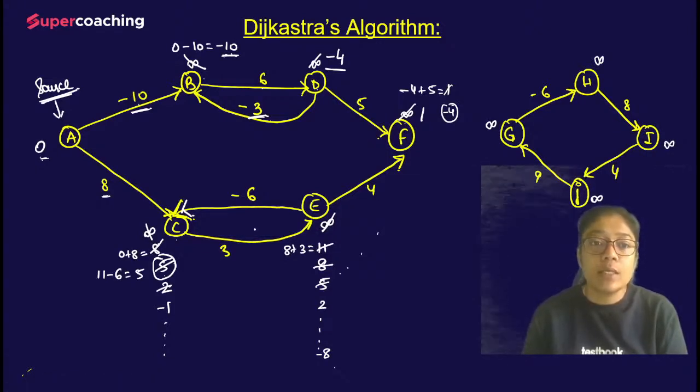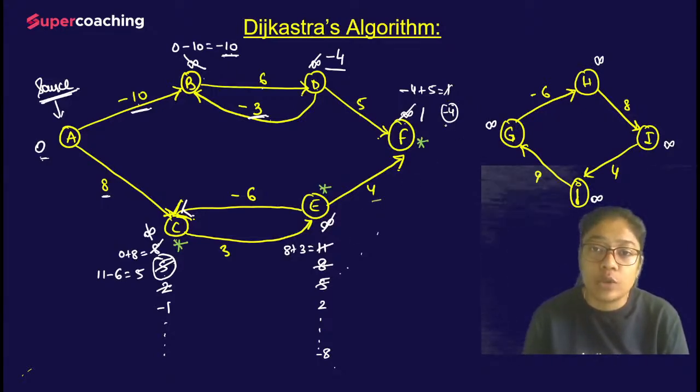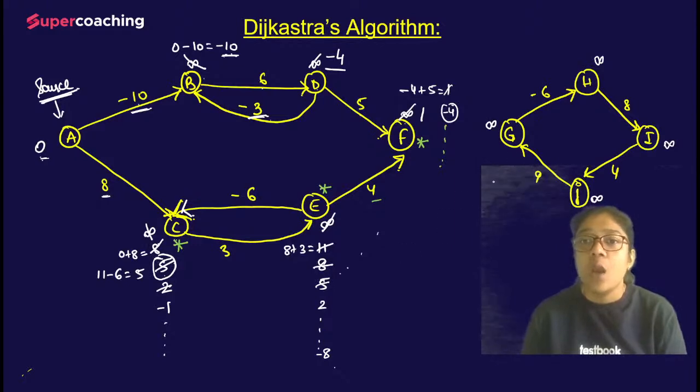Correct? तो इस case में we cannot find out the shortest path for C क्योंकि ये value update हो रही है. We cannot find out the shortest path for E because this value is also getting updated. We cannot find out the shortest path for F क्योंकि ये value भी update होती जाएगी. What about H, I and J?